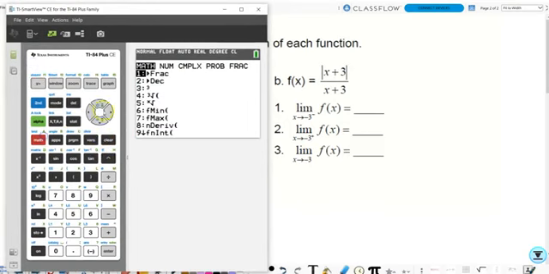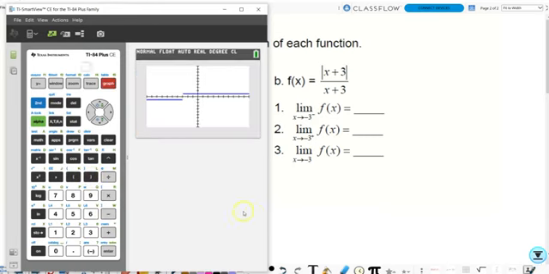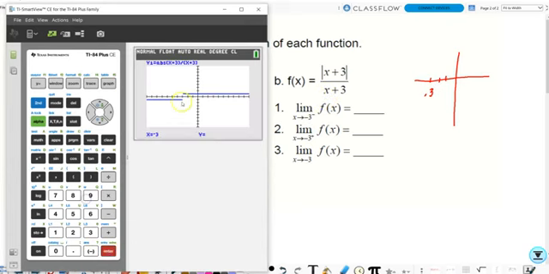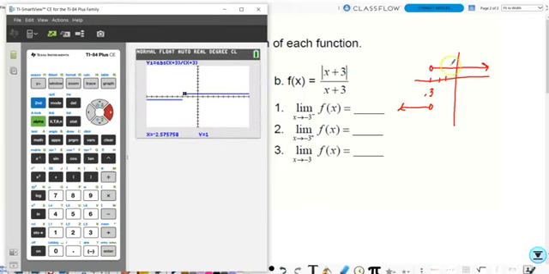All right, math, number, absolute value, x plus 3. So it looks like our jump is over here at negative 3. And at negative 3, if I hit trace, negative 3, enter, there is no y value. So there's a hole on this side and a hole on this side. And the y value is 1.